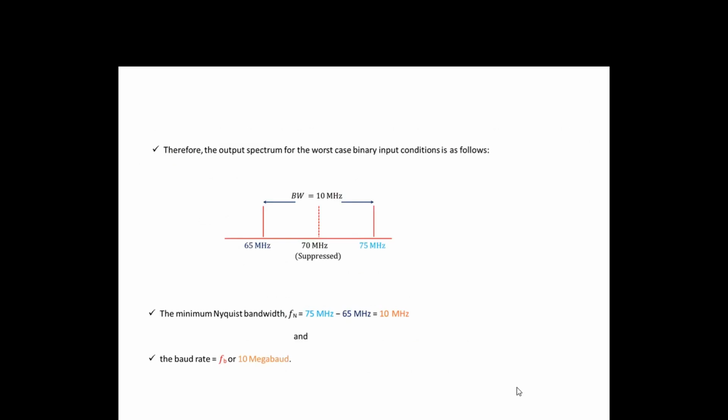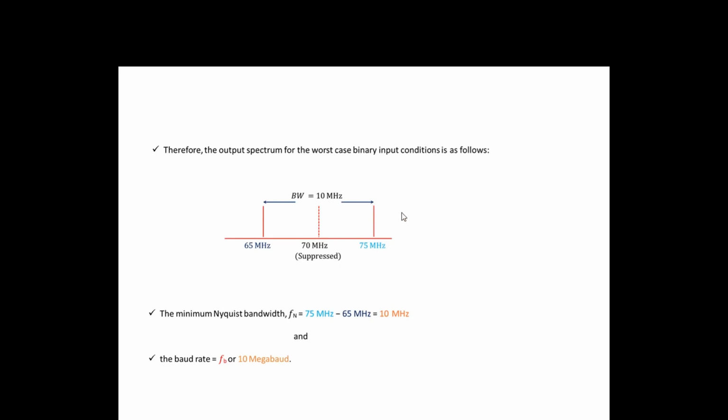So we can draw the spectrum like this. We have the carrier frequency, that is 70 megahertz, and this is a suppressed carrier, that's why we mentioned it as a dotted line. Then USF, the upper side frequency, is 75 megahertz as I calculated before, and LSF, the lower side frequency, is 65 megahertz.